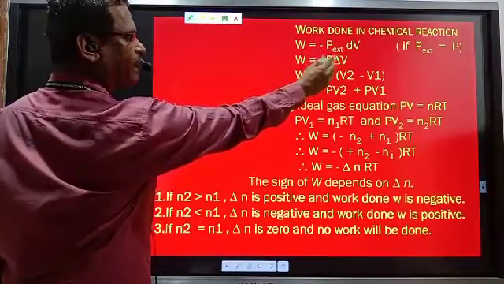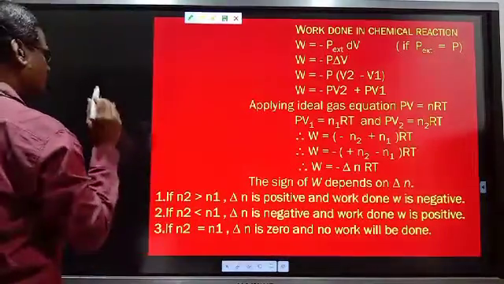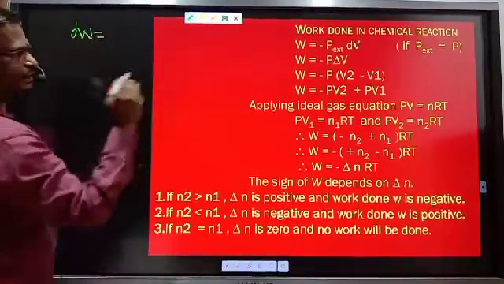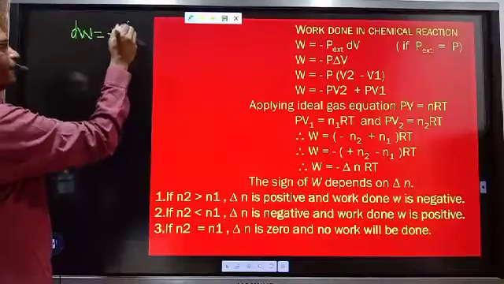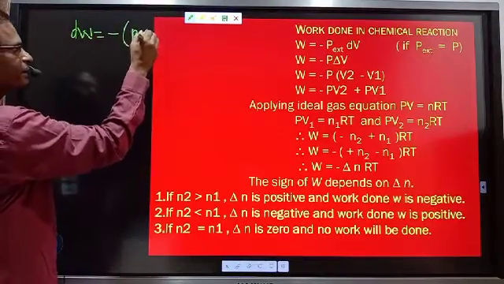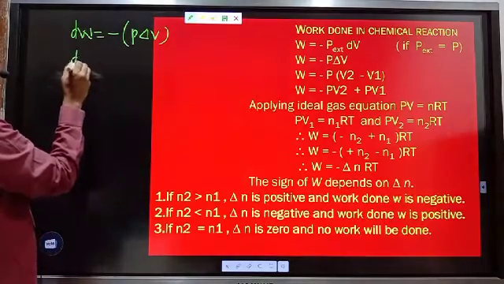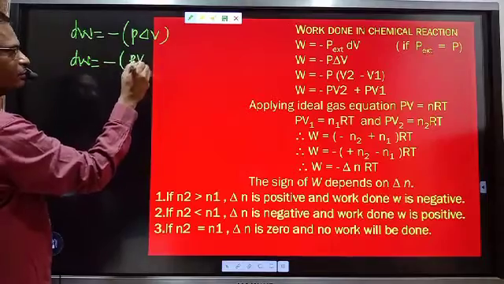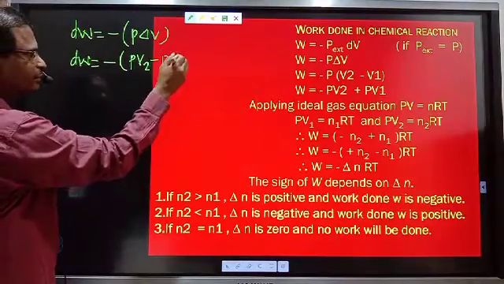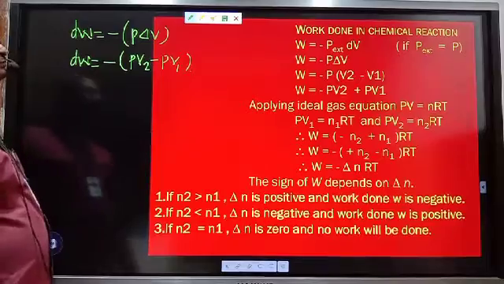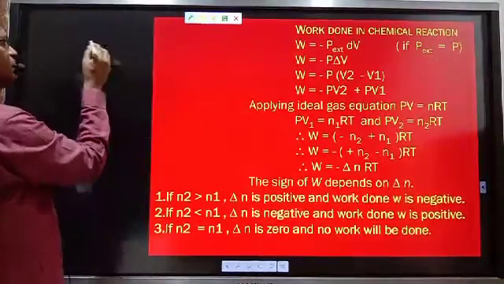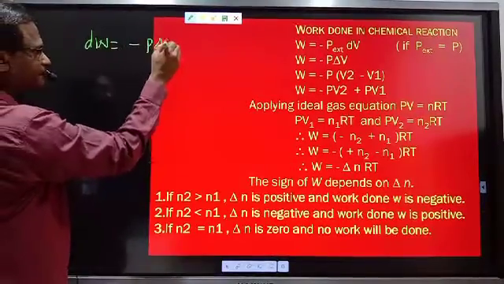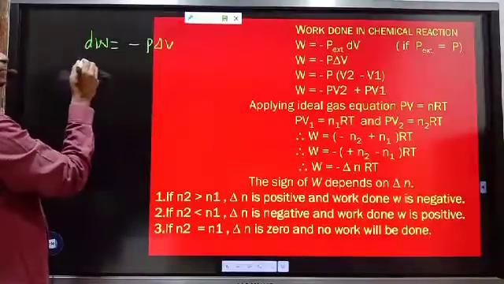W is equal to minus P delta V. See how that is solved. dW, work done, is equal to minus P delta V. Suppose you have to write the delta V: dW is equal to minus P delta V, and delta V is V2 minus V1.